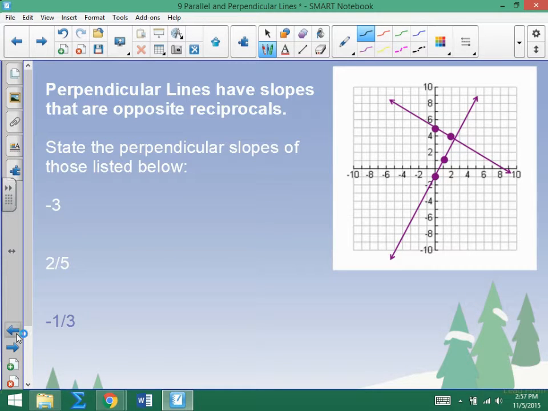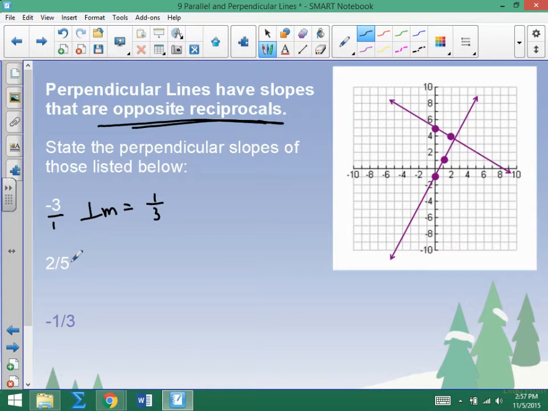So let's practice this whole opposite reciprocals thing with finding slopes, because if we're writing equations of perpendicular lines, we're going to need to be able to write their perpendicular slopes. So if one line has a slope of -3, we can really think of that as -3/1, meaning that the perpendicular line slope would be written as a positive 1/3.